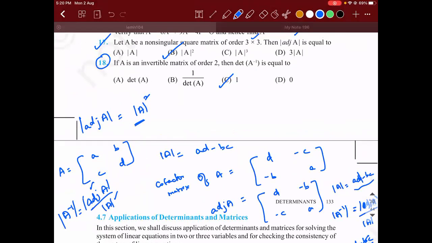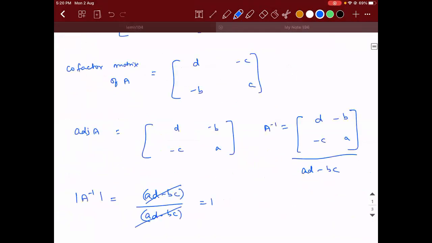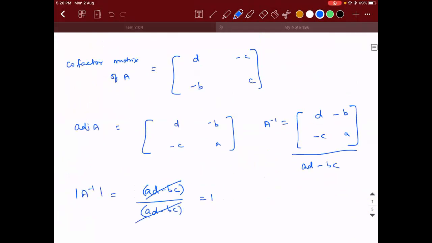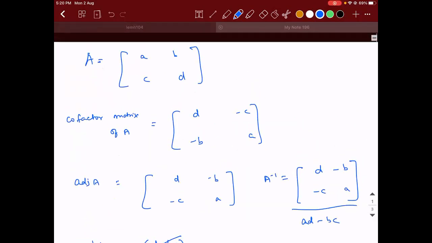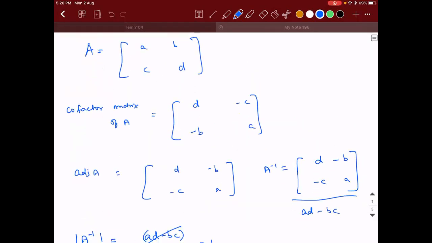That's only for A inverse. Determinant of A inverse, I'm doing it right only. No, adjoint of A is this thing. See, did I miss the logic anywhere? A is equal to a, b, c, d. Cofactor matrix of A is d, minus c, minus b, a. Adjoint of A is d, minus b, minus c, a.